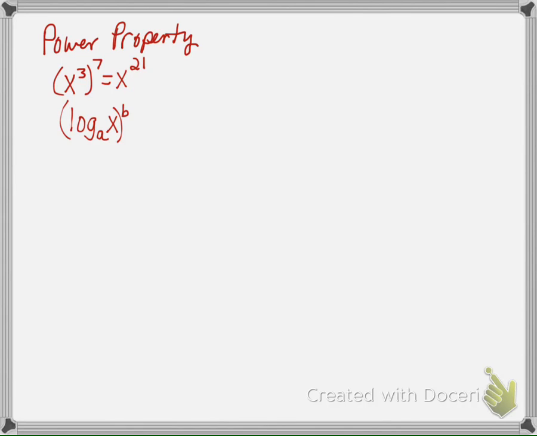So what do you do when you're raising an exponent to an exponent? You multiply those exponents together, which is why what this property says you can do is take that b and move it down front and multiply it by log x base a. See, now we're multiplying an exponent times an exponent.